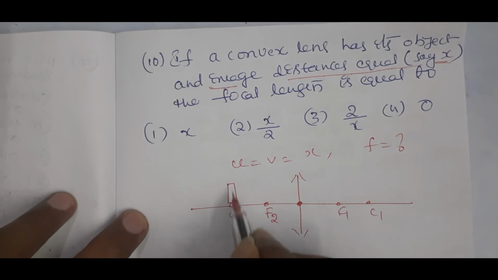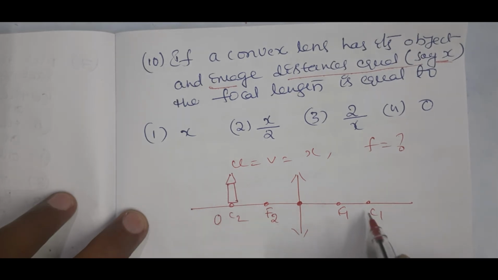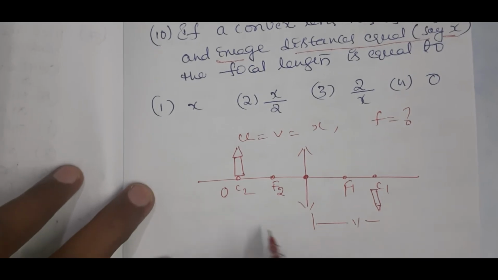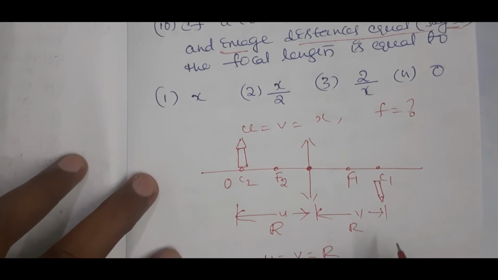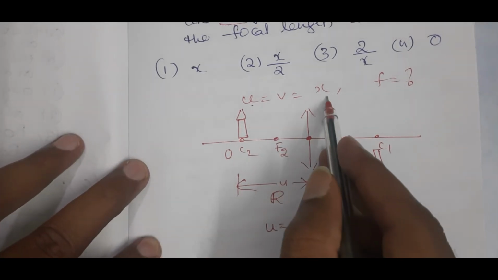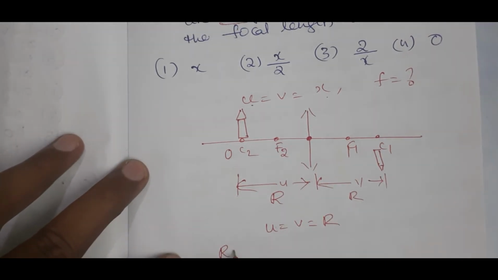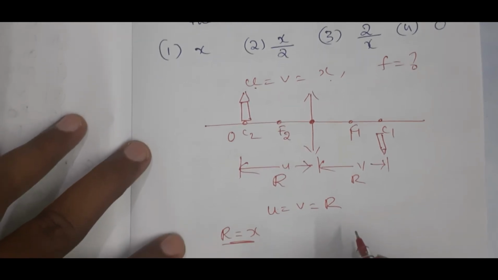When an object is placed at the center of curvature c2, then the image is formed at the center of curvature c1. In this case it is image distance v, and in this case it is object distance. Both are equal. This is also radius, this is also radius. That is, u is equal to v is equal to radius.